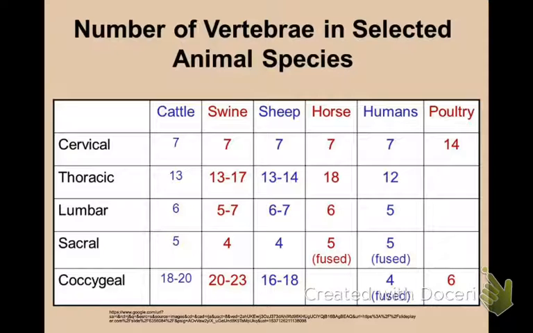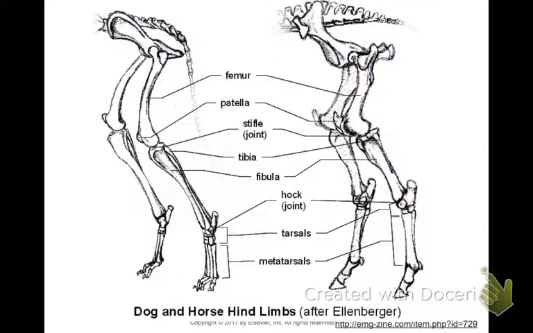And then sacral is the last portion of the spine. Let me go back to the picture. Right up in here would be your sacral area, and these are actually the coccygeal, which are the tail vertebrae. But the sacral vertebrae are those that are right near the pelvis.